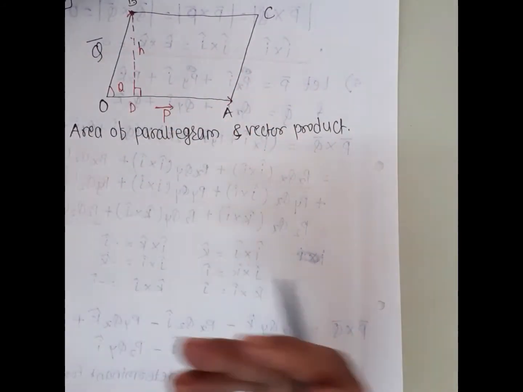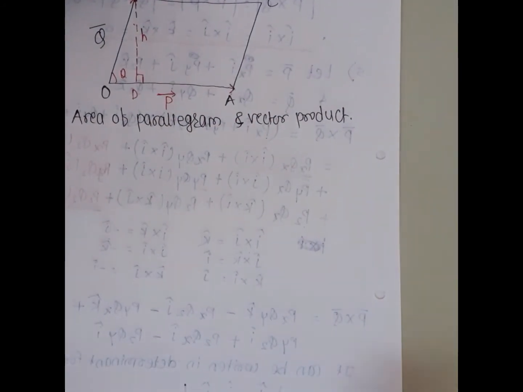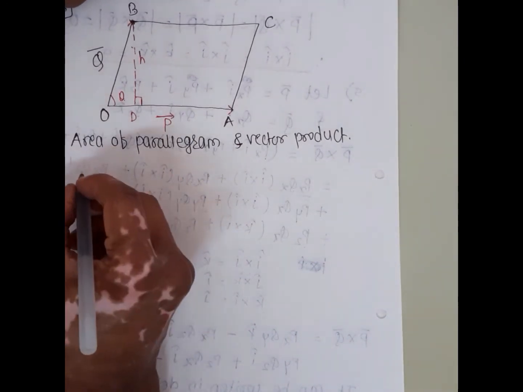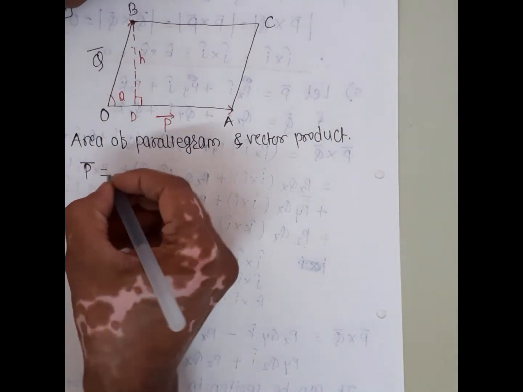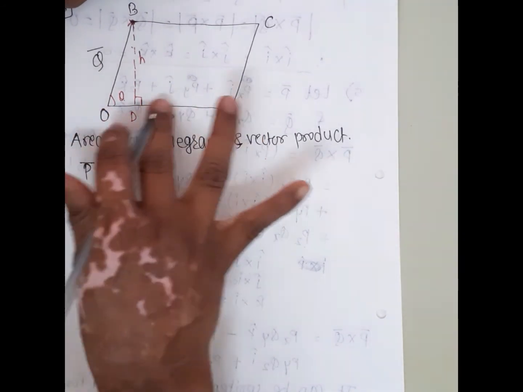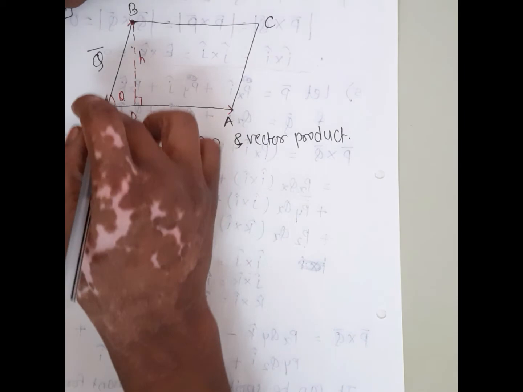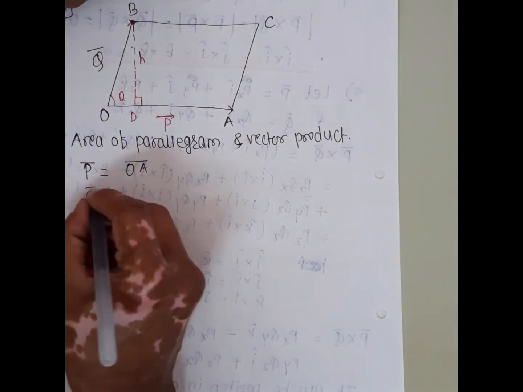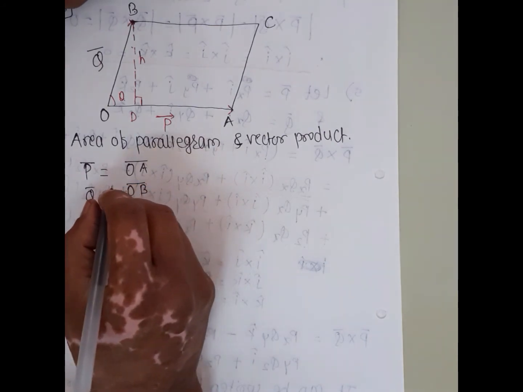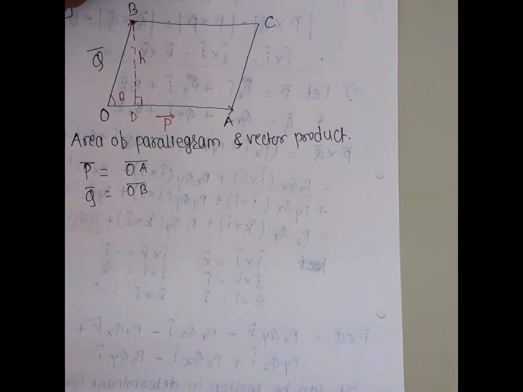So how to find the area of a parallelogram? See here. According to the figure, p bar is represented as OA bar, and q bar is represented as OB bar. p and q are both inclined at an angle theta.